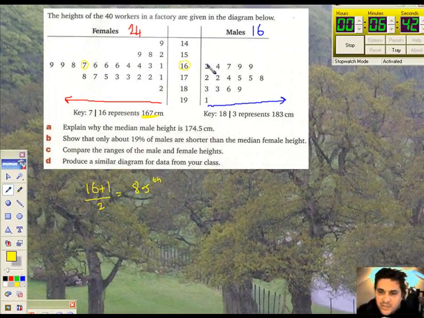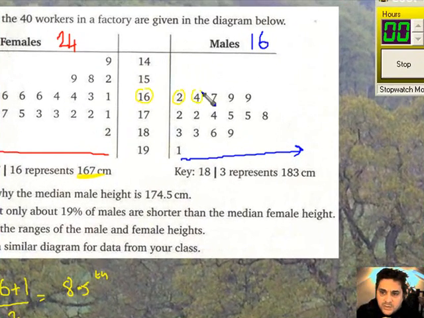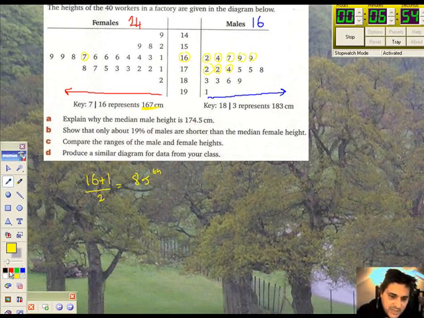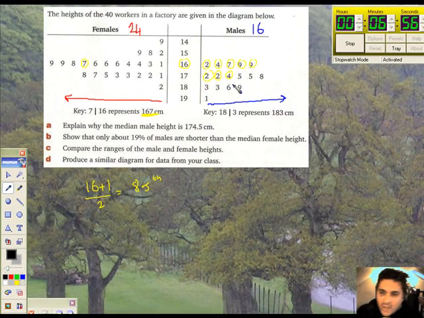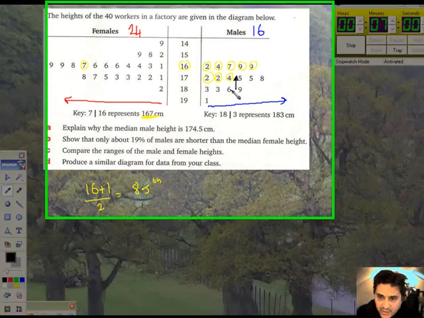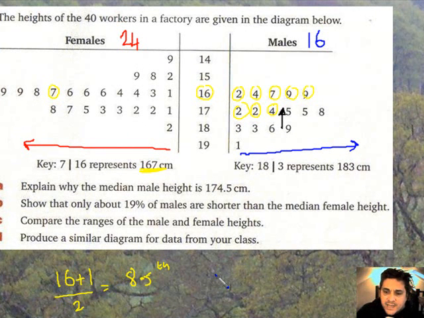So let's just count up, shall we? 1, 2, 3, 4, 5, 6, 7, 8. So there's the remaining 8, making up 16. To work out the median, I've got to look right here between the 8th and the 9th. I've got 174 and 175 sitting in the middle.